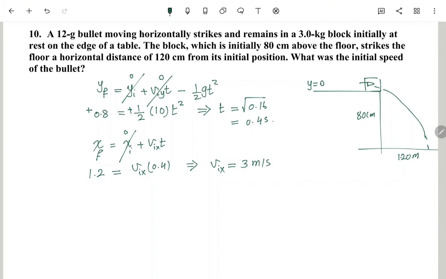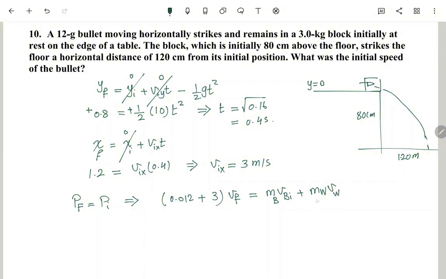Since this is a projectile motion, velocity on x is constant. In this case, let's use P final equal to P initial. In other words, the mass of the bullet, which is 0.012, plus the mass of the block, which is 3 in this case, times V final equals M for the bullet, V for the bullet initial, plus M for the piece of wood, V for the wood.